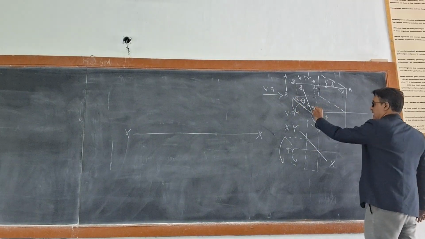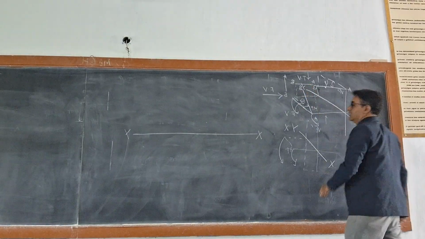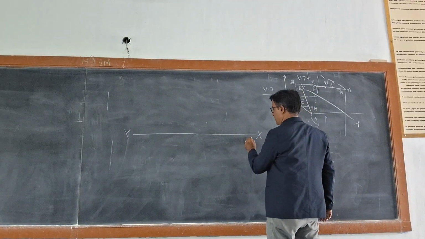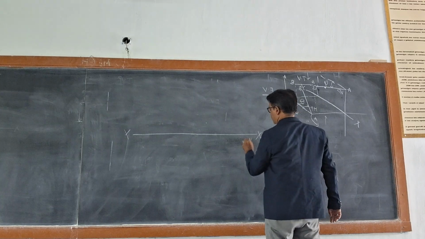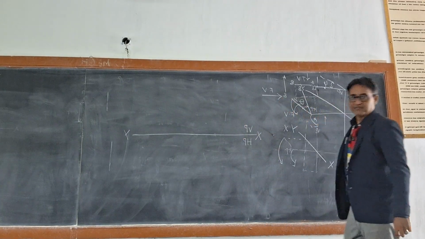Therefore, HP comes below this XY. Below XY will be your horizontal plane, above XY will be your vertical plane.